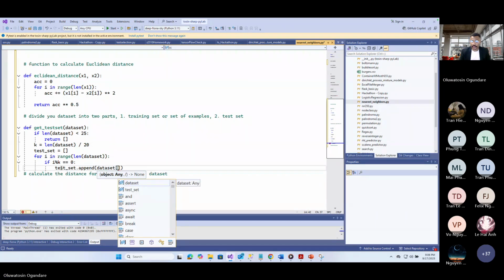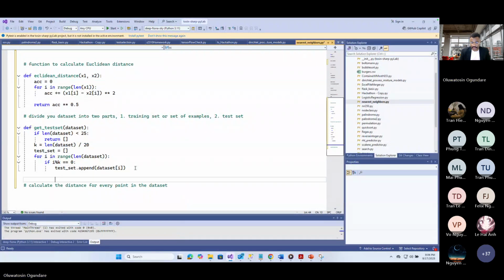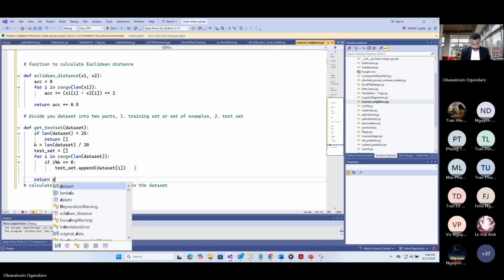And then at the end of this, you can return your test set.